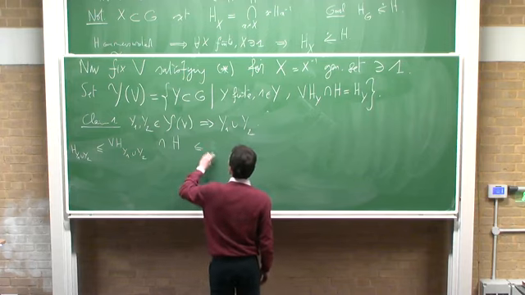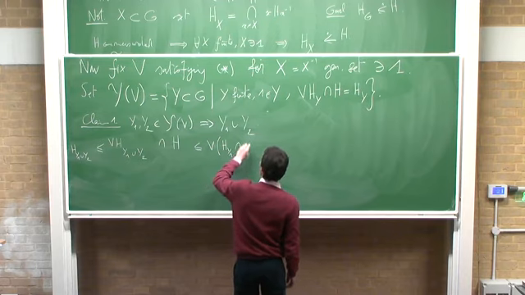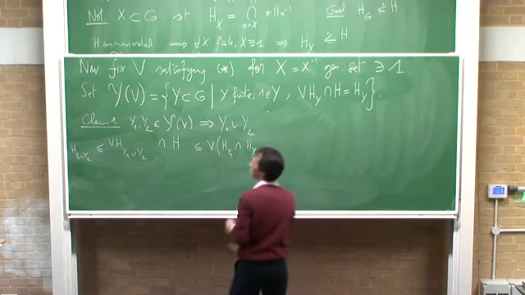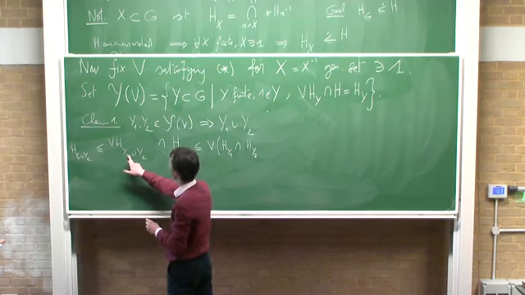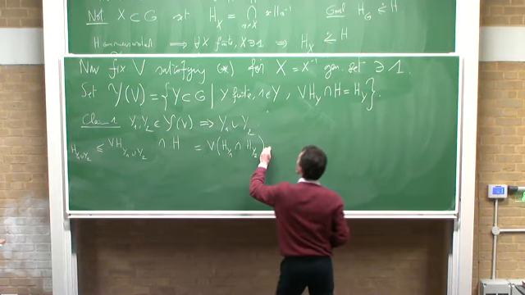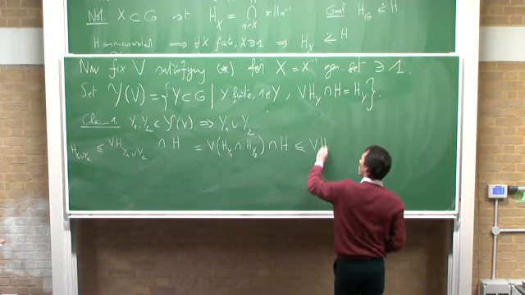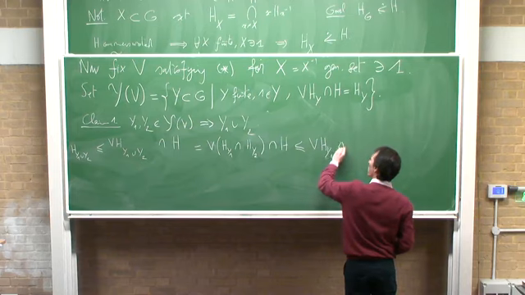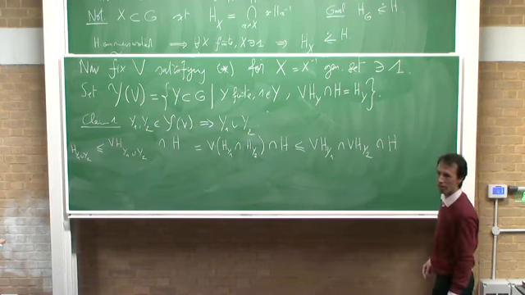But this is V times... So this is an intersection of conjugates under elements where the elements run over this union. That's an equality actually. And then this is at most this.